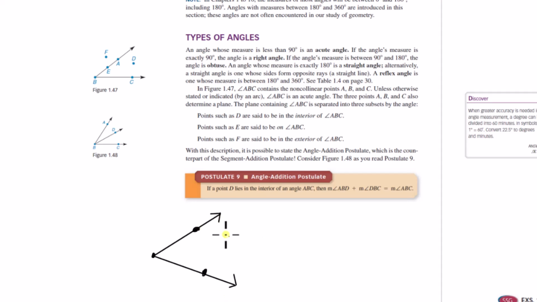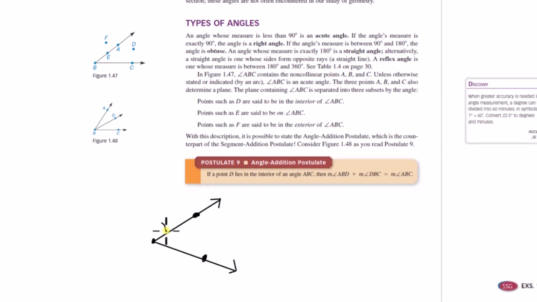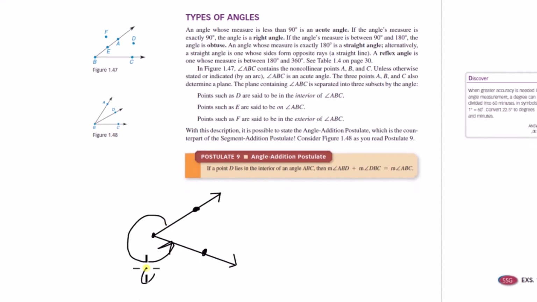When you see this, there are two ways you could look at it. You could say, okay, look, it's this common endpoint here, and there's an angle here. But why not this? This is also an angle. So which one is it? What they're saying is that by default you assume the acute angle, unless it's otherwise made clear that it's not.